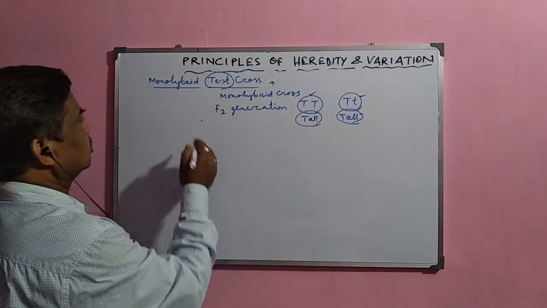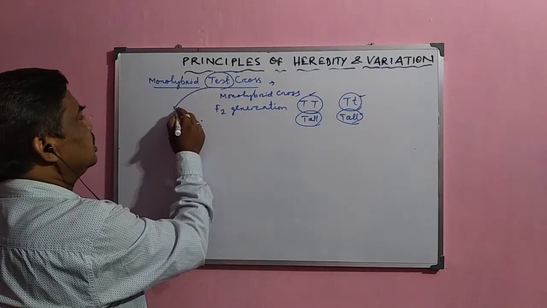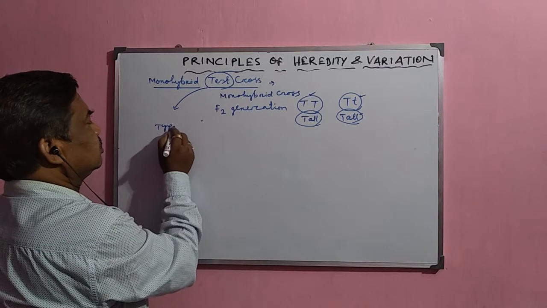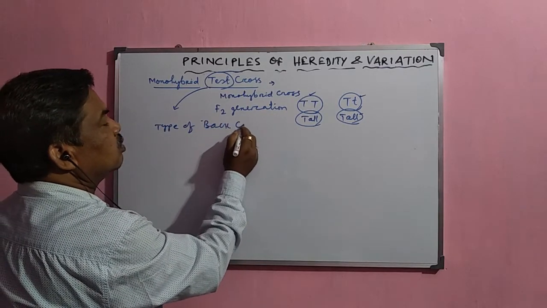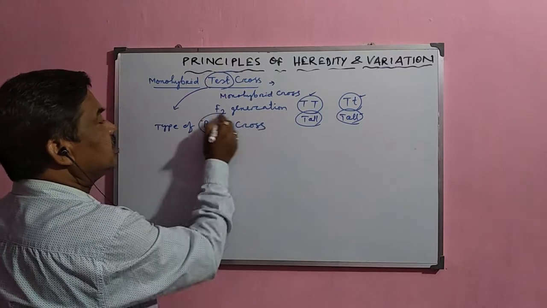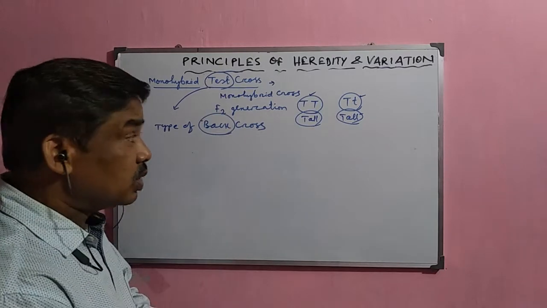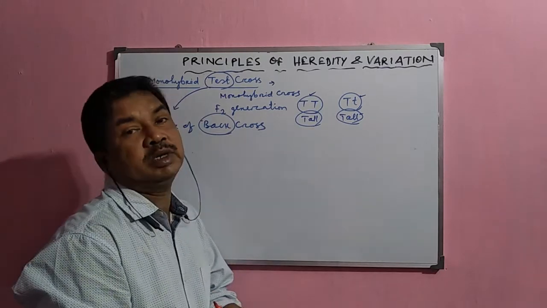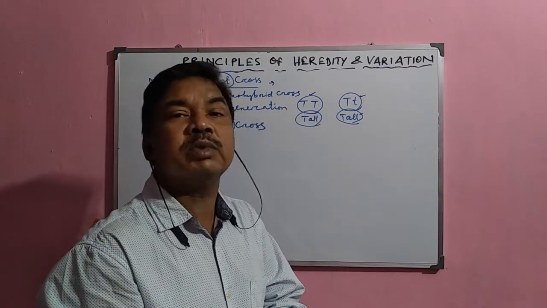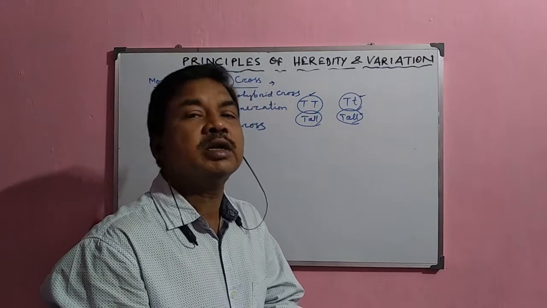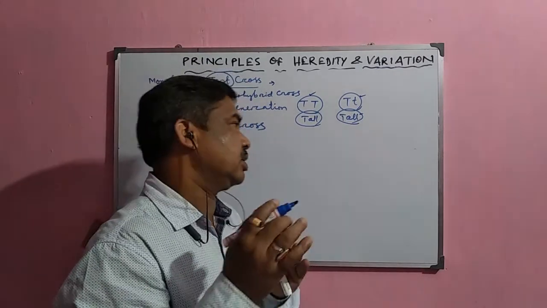Now what is this test cross? Test cross is a type of back cross. Now what is a back cross? The back cross means when the F1 hybrid is crossed with either of the parents, either the dominant parent or the recessive parent, then it is called a back cross.